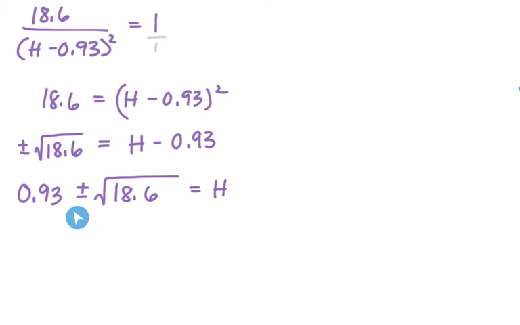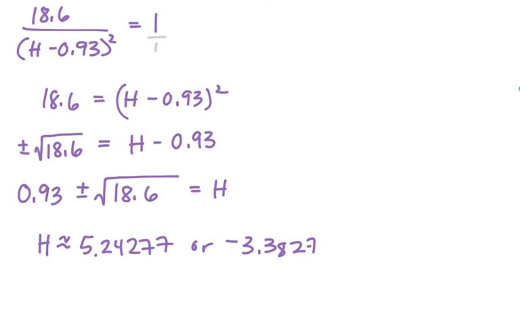Now, because we have this plus or minus in here, we have two h values. If I solve each of these equations, I'm going to get that h is approximately either 5.24277 or negative 3.38277.